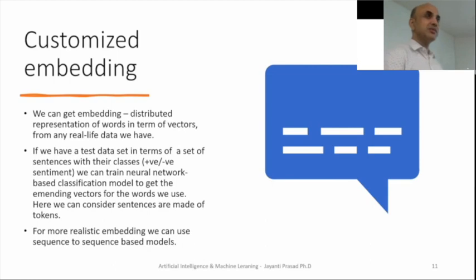So this was the one scheme, and the second most common scheme is the embedding based scheme, where we have some text corpus, and we are trying to get the vector representation of the words present in that corpus using some kind of machine learning or training.